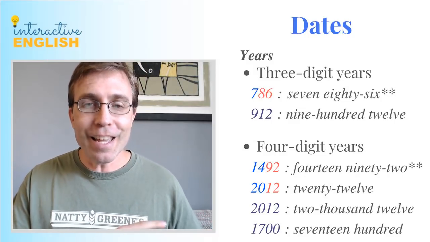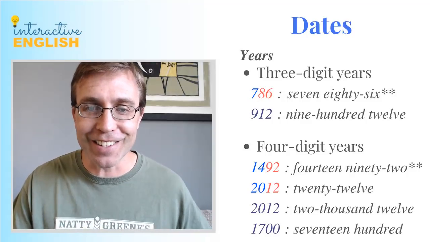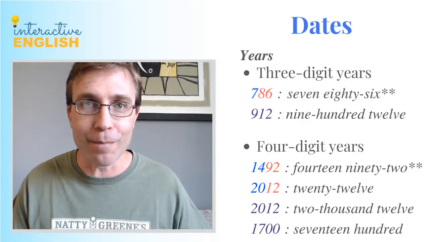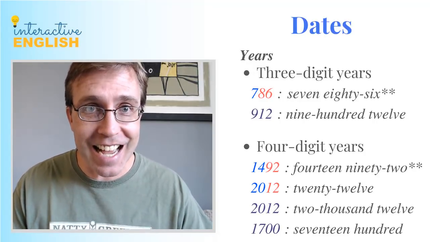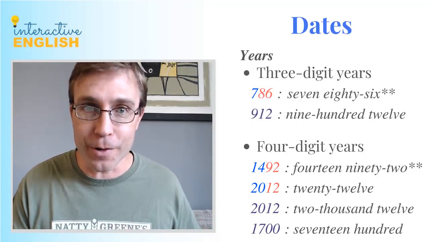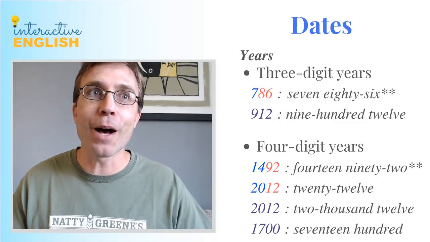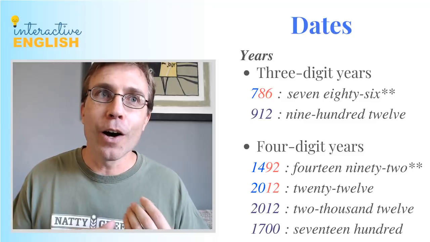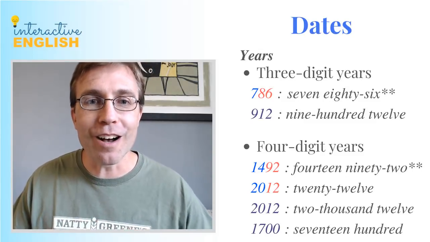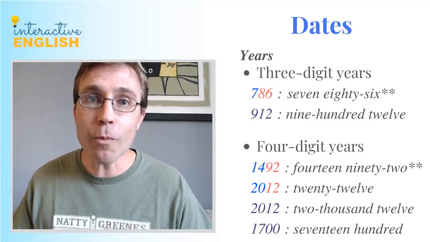Now, if we get down here, this is going to go all the way up to 2099. And after 2099, we get to 2100. And when we're talking about new centuries, it's usually said the whole number of hundreds. So 2100.